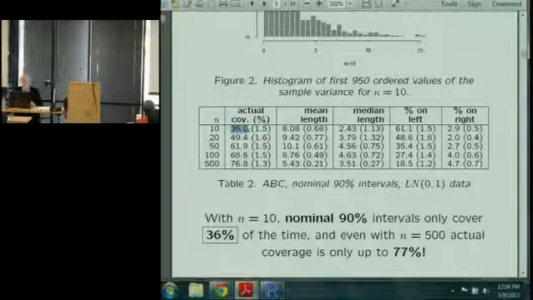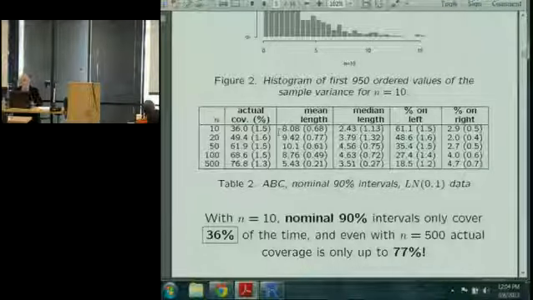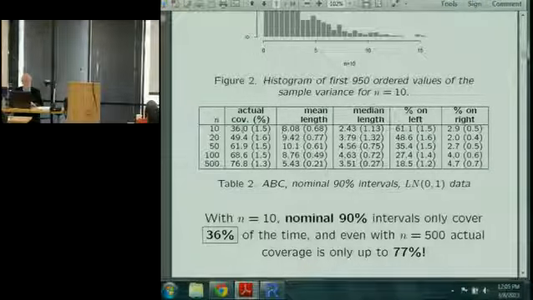You, Efron and Tibshirani, told the world that your method, which is sitting there in CRAN as freeware that everybody should be able to use, always gives very good confidence intervals. Your 90% intervals are supposed to cover about 90% of the time. With small samples, it actually only covers 36% of the time. And even with 500 observations, which sounds like a big sample, the 90% intervals are only covering 77% of the time.